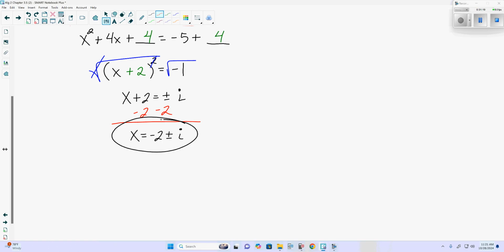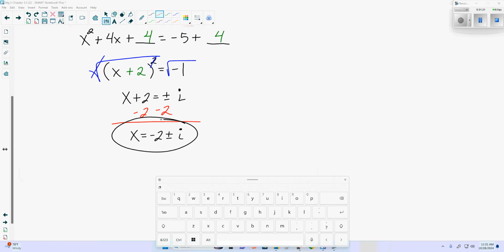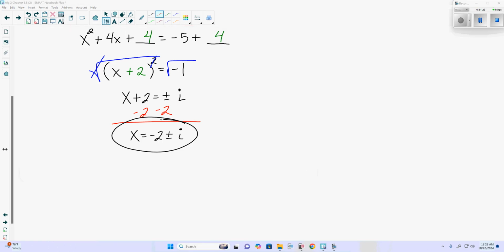But if that number that comes out of that radical simplifies completely and does not have i, we're going to have to combine those two terms. We have to add and subtract. Questions on this here? We're ready for the next one.